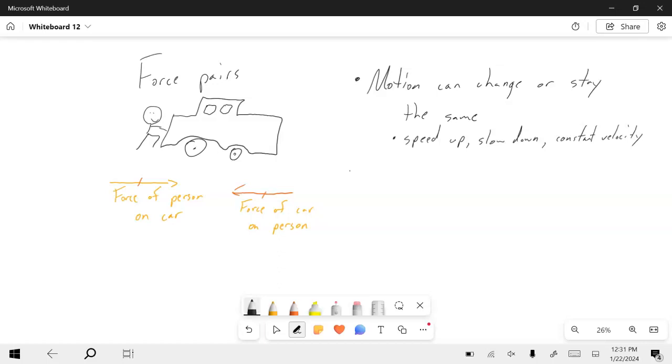All right, so some things that are similar. Forces are equal in strength. And forces are in opposite direction. Now let's go ahead and think about the star.